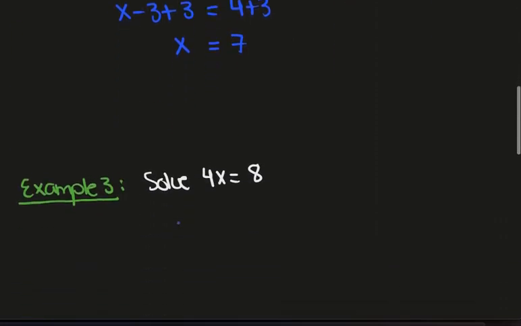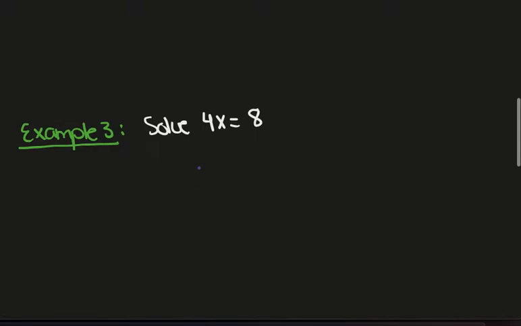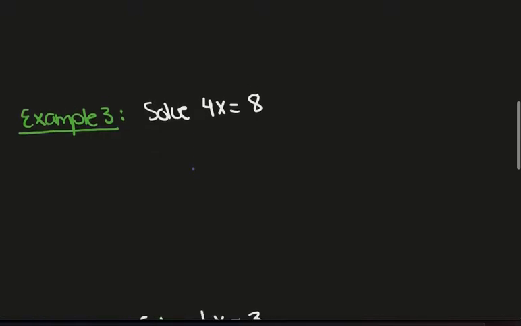Next example. Here we don't have any addition or subtraction terms, but we have a multiplication by 4. So we have 4 times x equals 8. Again, we proceed in the exact same way. We do the opposite. So what's the opposite of multiplication by 4? It's division by 4.